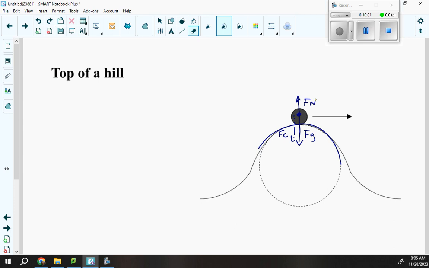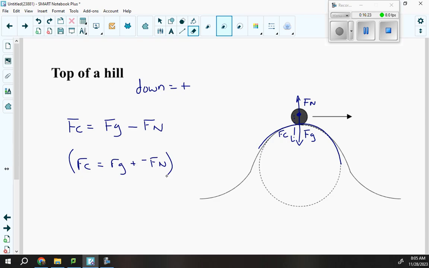Remember, we always wanted to call the center of the circle positive, so that means we're going to call down positive for this one. So as I build my formula, Fc is going to be equal to Fg minus the normal force, or, if you wanted to, I'll put this in brackets again, Fc is equal to Fg plus negative normal force. So in this case, gravity is positive, and that keeps Fc always positive.